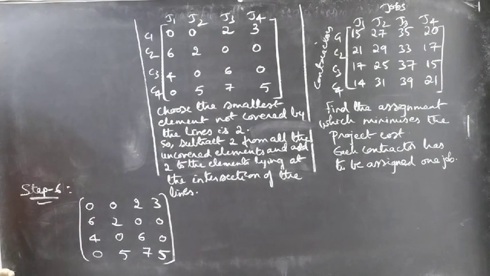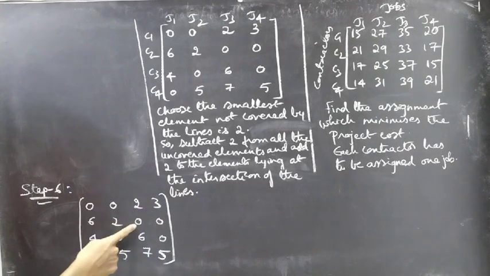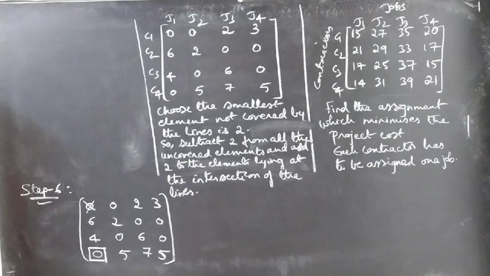Check which row has only 1 zero. In first row we have 2 zeros, in second row we have 2 zeros, in third row we have 2 zeros, and in the last row we have 1 zero, right? So let's assign this 0 and cross the remaining 0 which exists in the corresponding column or row, right?